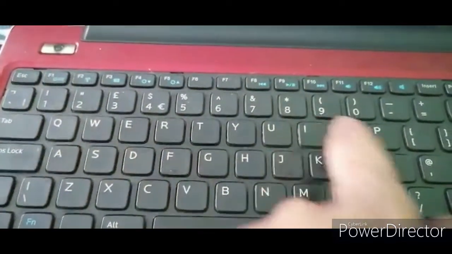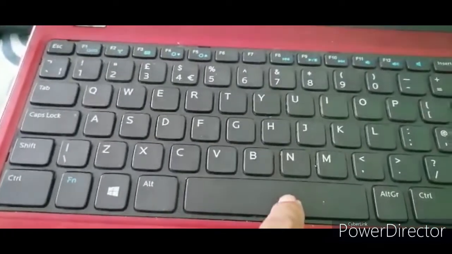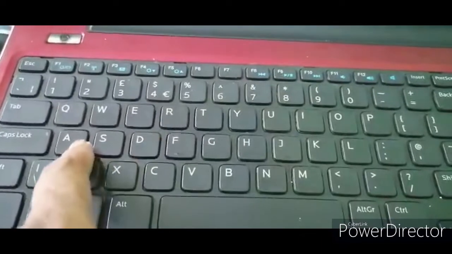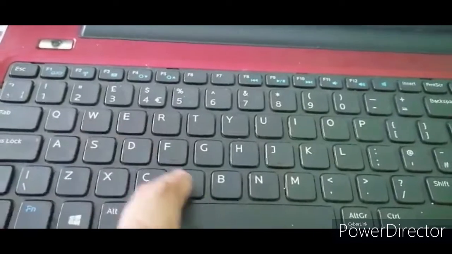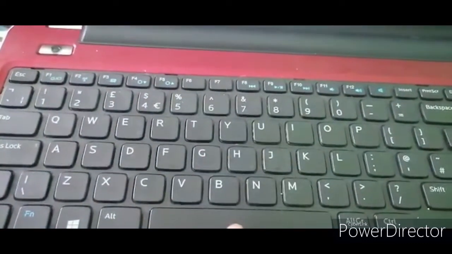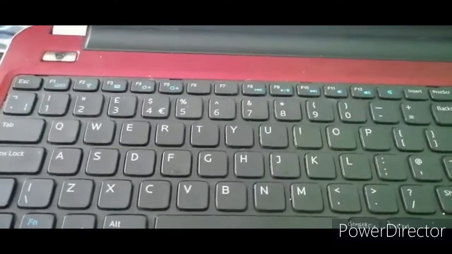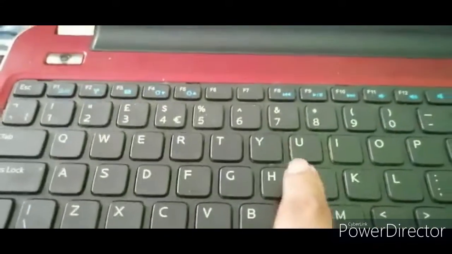I, space. We must press the space bar. Have, H, A, V, E, have, space. Before proceeding, let's check again if it's okay. It's okay. Let's continue. 5.